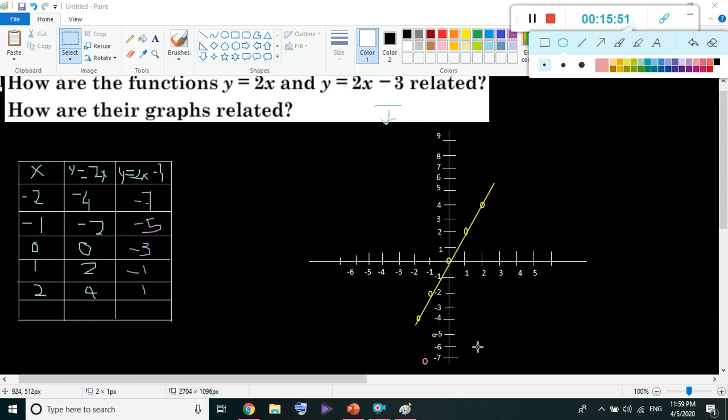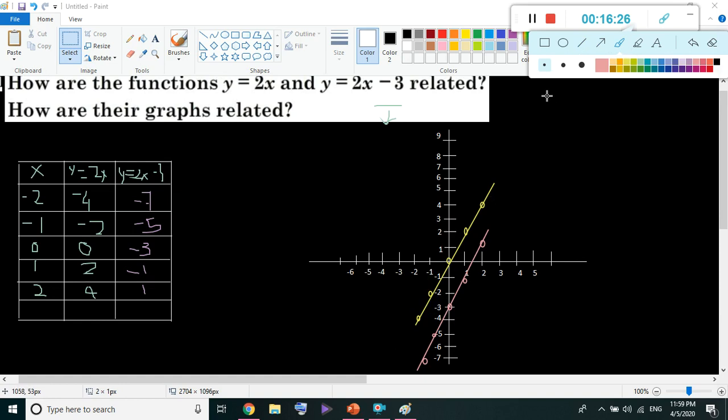Then 0, negative 3, then 1, negative 1, and then 2, 1. Let's make a line between them. This is the graph for y equals 2x minus 3. It translated 3 units downward.